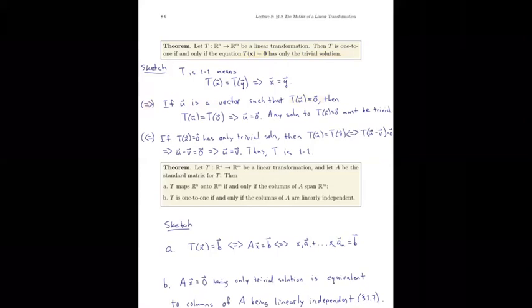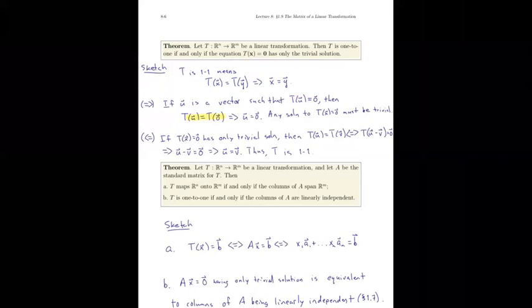So T(u) equals 0, then T(u) equals T(0), which will be true because T(0) we know equals the 0 vector, right? And T(u) we've assumed is equal to the 0 vector. So this follows from that.